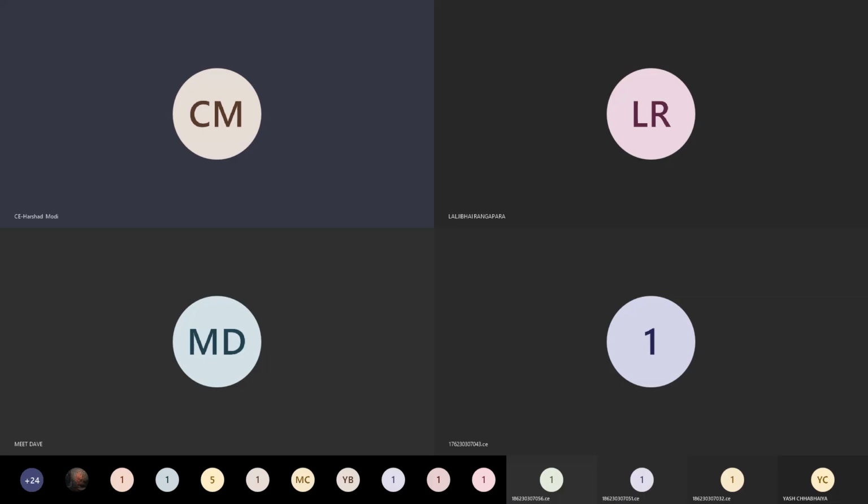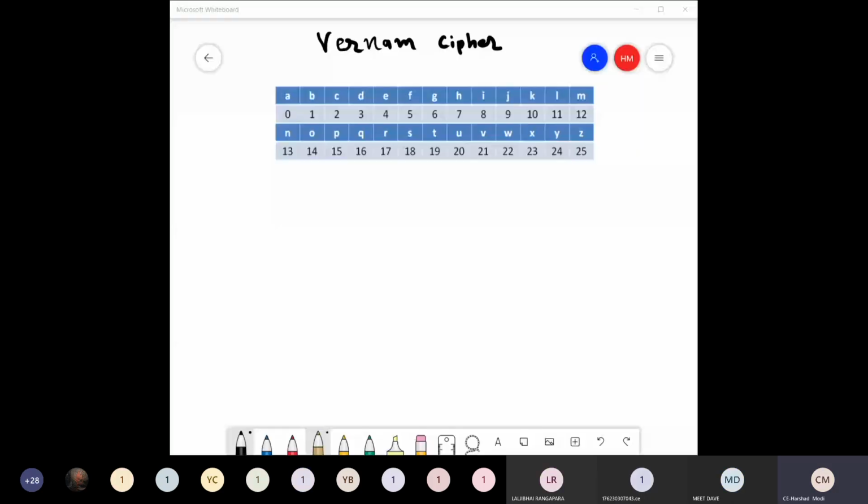Vernam cipher is all in this algorithm. The length of the characters in the key and the plain text or the ciphertext should be equal. So the length of the key as well as the length of the plain text is equal, same as the one time pad algorithm.